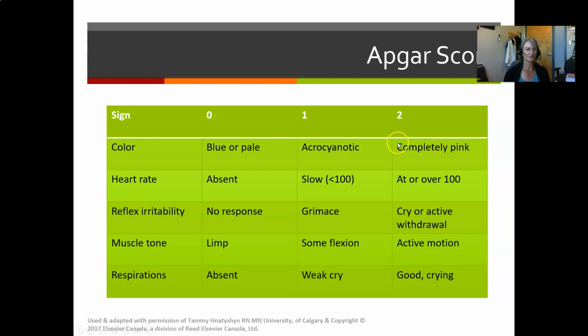And this is where we get into some of our abnormal normals. Acrocyanotic, where the hands and the feet are a little bluer, is pretty typical of our newborn, because it takes a while for that oxygenated blood to start circulating through all the parts. It always goes to core, central, essential places first, right?